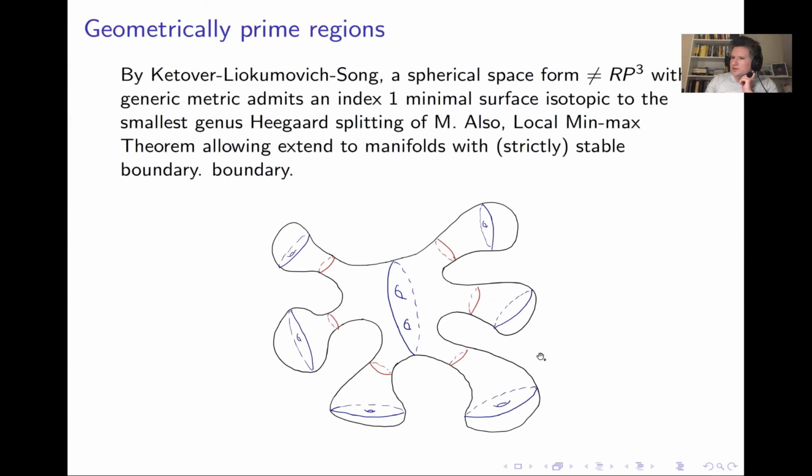So essentially, by finding these minimal surfaces, we are recollecting the topology of the manifold into disconnected sums and spherical space forms, and then splitting it up like this. Okay, so with a manifold like that, we have all these geometrically prime regions. So they have this one, this one, this one, this one here, and then obviously on the other sides as well.